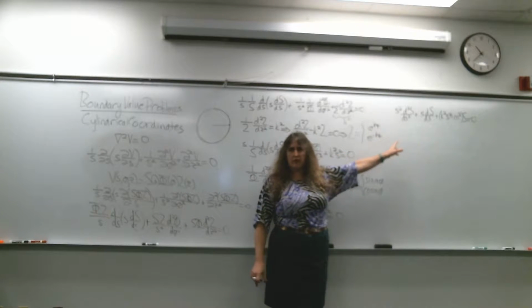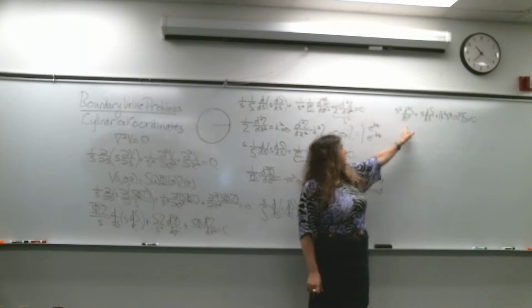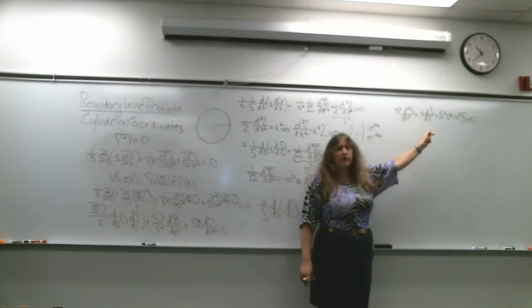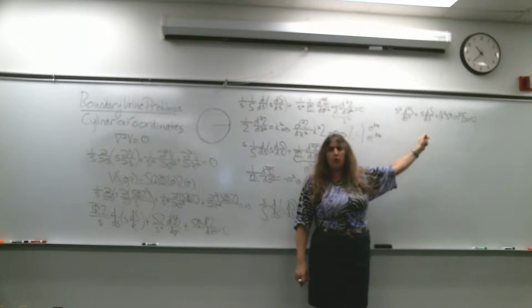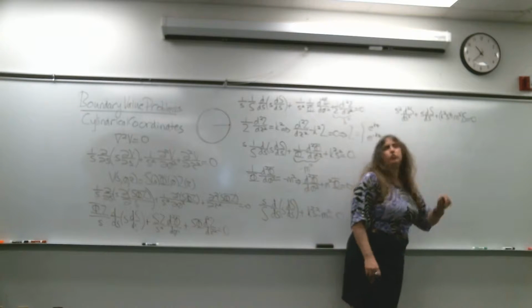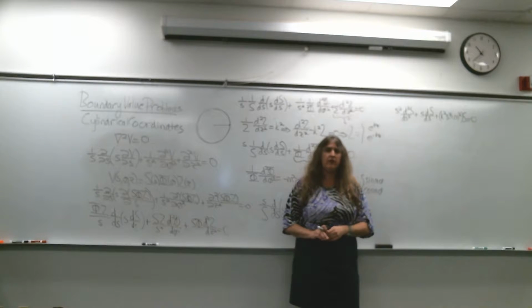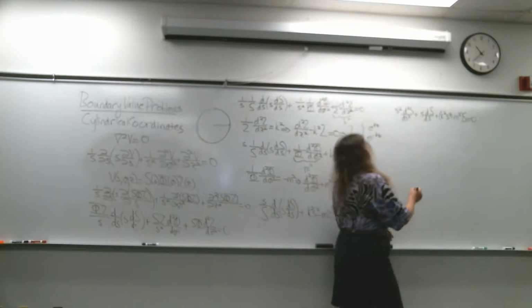My differential equation, second order, is s squared times the second derivative of s with respect to s, plus s times the derivative of s with respect to s, plus k squared s squared minus n squared times the function s equals 0. This equation has a special name. It's Bessel's equation.